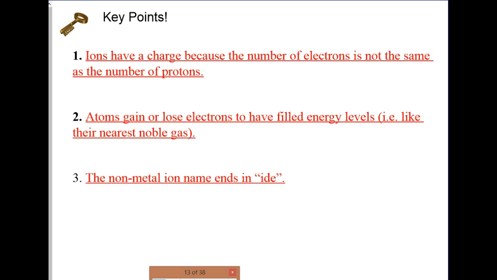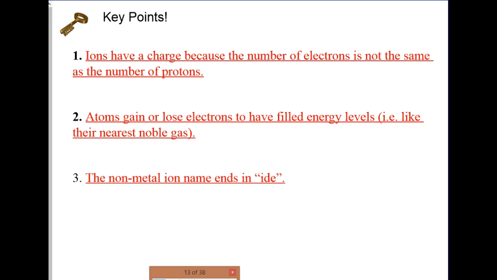Do you remember your names from last year? For example, oxygen becomes oxide. Phosphorus would become phosphide. Sulfur becomes sulfide. What about selenium? Selenide.